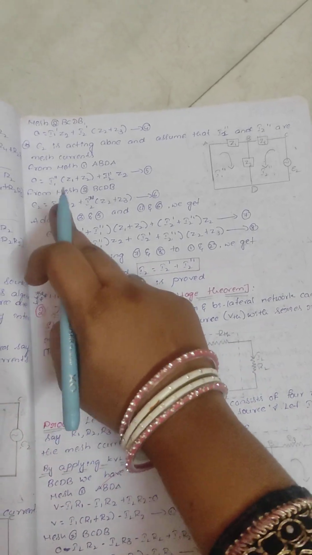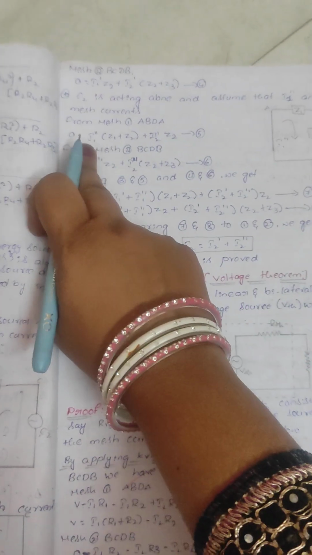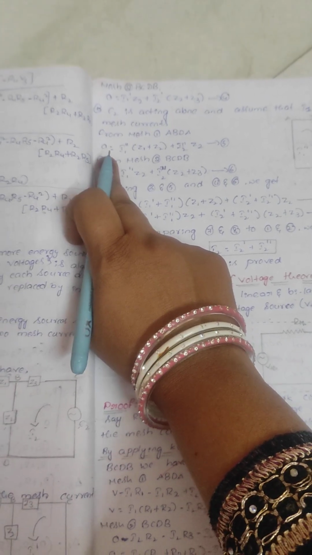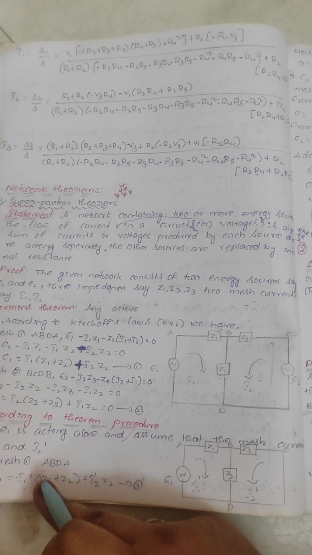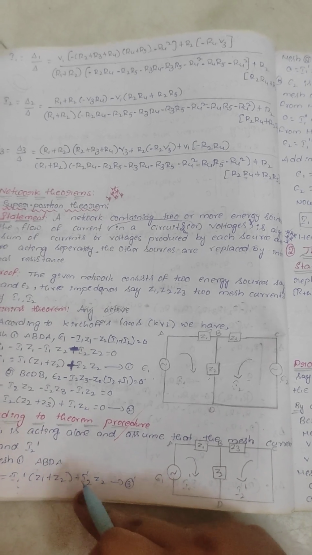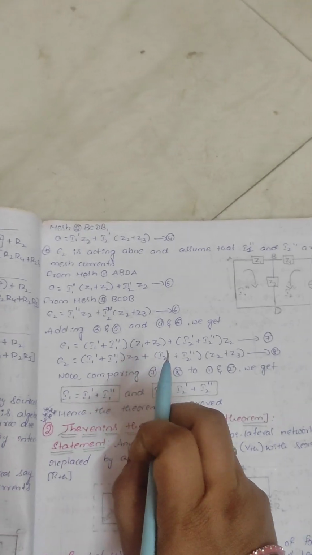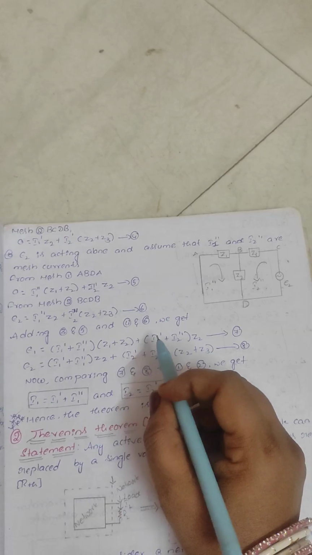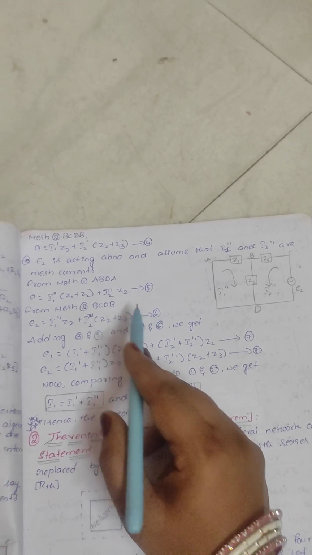Because here the third equation contains E1 in LHS and the fifth equation contains 0 in LHS. So E1 plus 0 becomes E1. Next, coming to the RHS, we are having I1 dash into Z1 plus Z2 plus I2 dash Z2, plus I1 double dash into Z1 plus Z2, plus I2 double dash Z2.